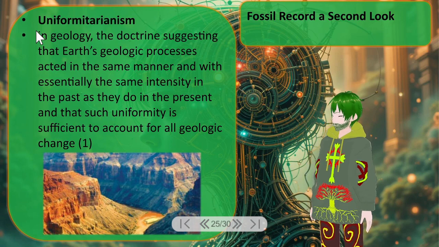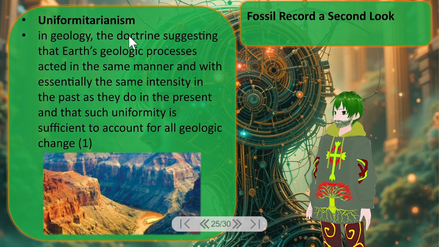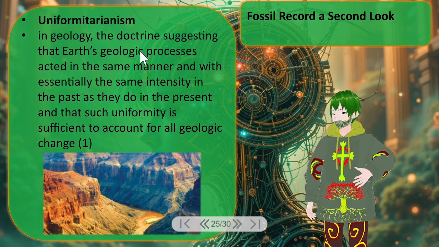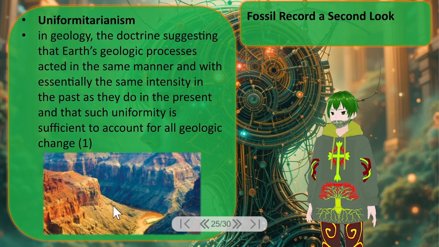But what it does do, and I think this is pretty conclusive, is it kills the idea of uniformitarianism. So uniformitarianism was this idea that the present is the key to the past, that what is happening now is probably what happened in the past.